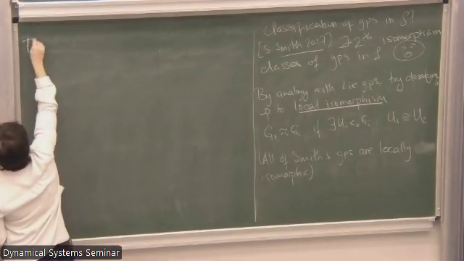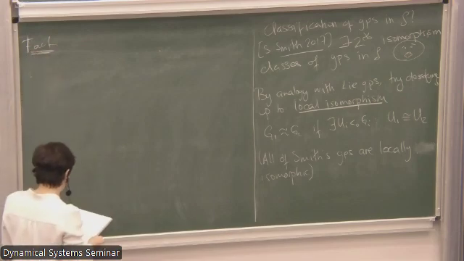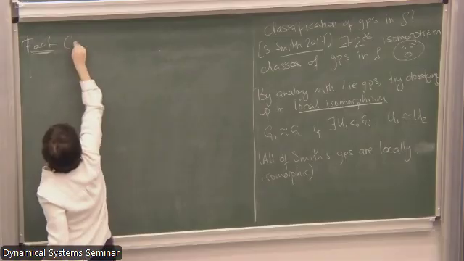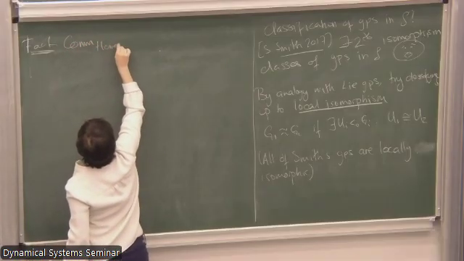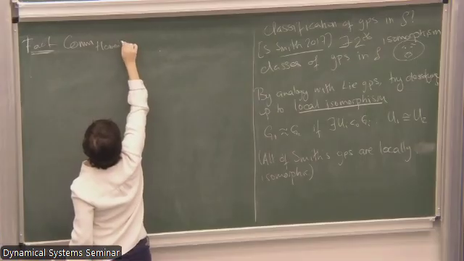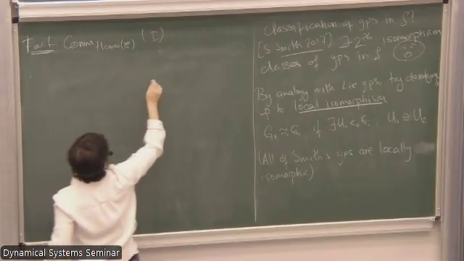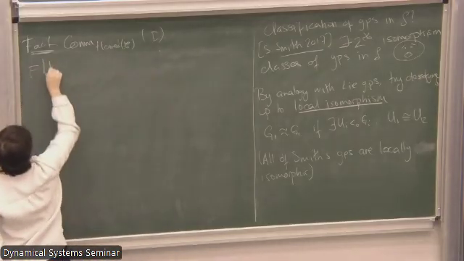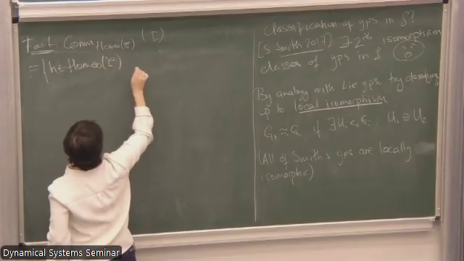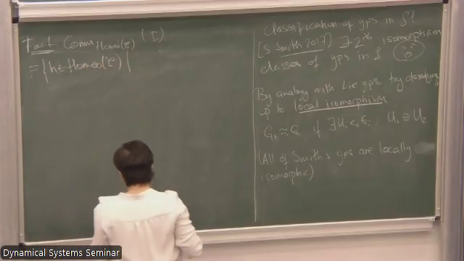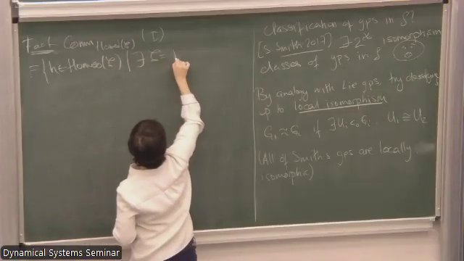So I'm going to throw a fact at you, and I'm only going to give you an idea of the proof. The fact is that the commensurator in homeo of the Cantor space of I is the set of all homeomorphisms of the Cantor space such that there exists some partition.